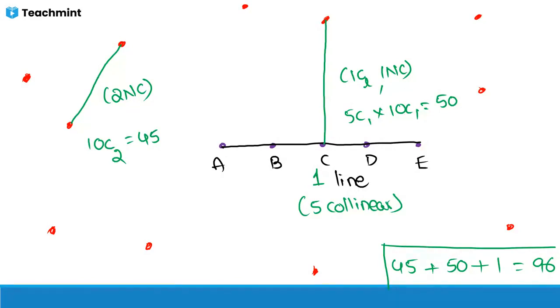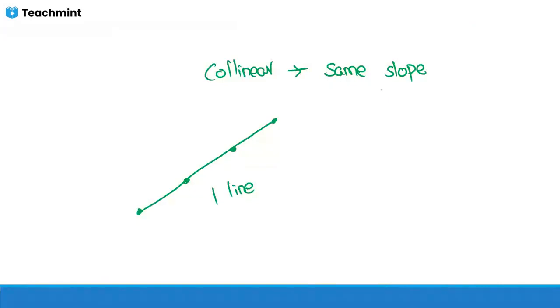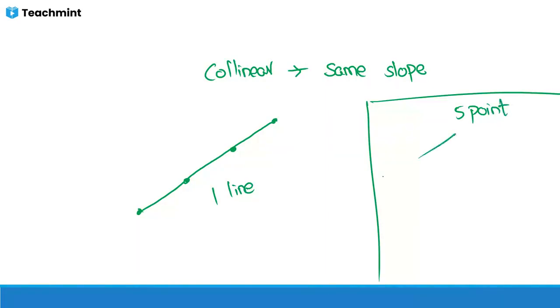Maybe your friend is asking this question: if I have 5 points, maybe this is the scenario, 3 collinear and 2 non-collinear. If this is the case, your answer should be 5C2 minus 3C2 plus 1.